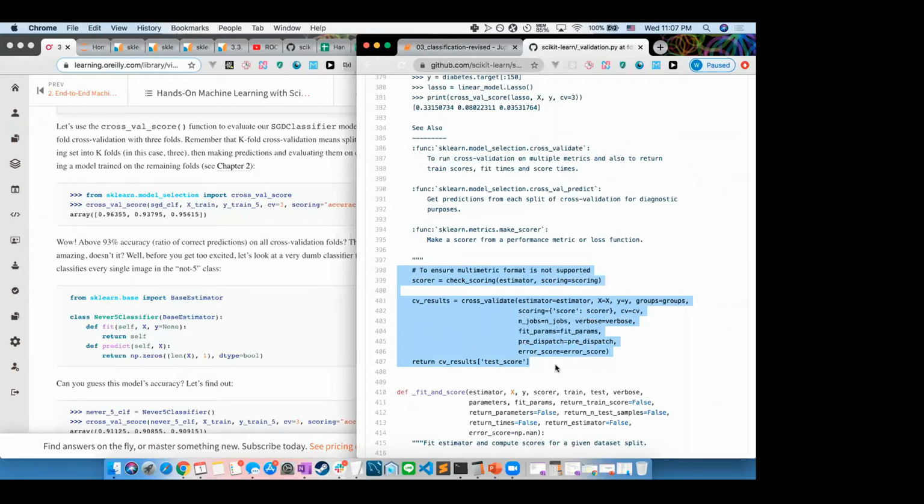Cross-val score is what does the whole shebang. It trains and predicts. It splits into 3 folds, trains 3 different models, 1 on each fold, and then it predicts from each of these models on the rest of the data, that is, outside the fold.